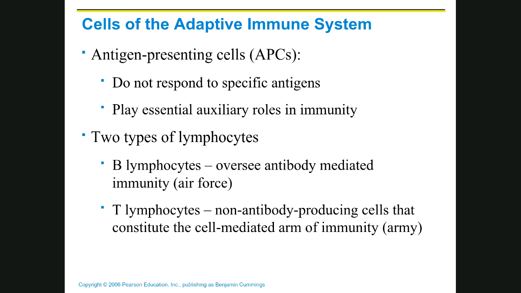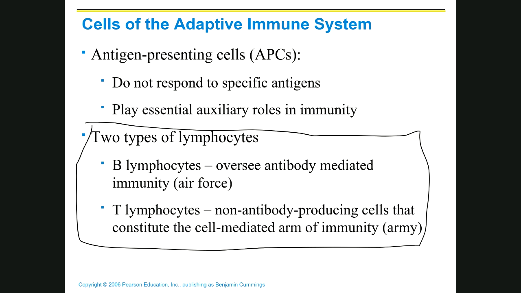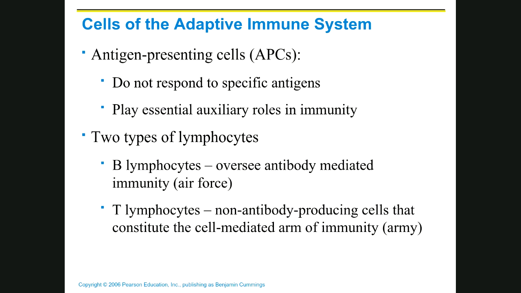Antigen-presenting cells play sort of an auxiliary role. Their name, again, tells you exactly what they do. They present antigens to these cells down here, these T cells. And these are the ones that are going to be most active in immunity. So they have a direct, full role.